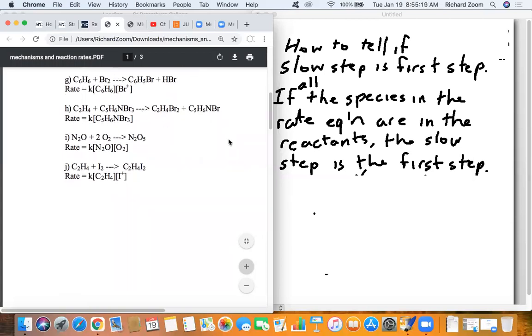Take a look at G. All right, G, slow step, first step. More of you are getting the idea now.